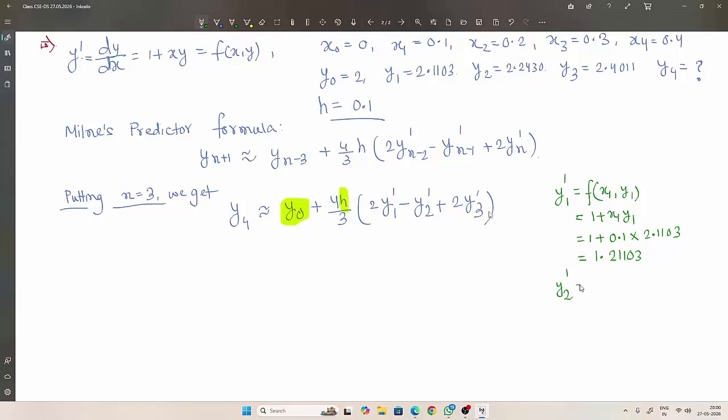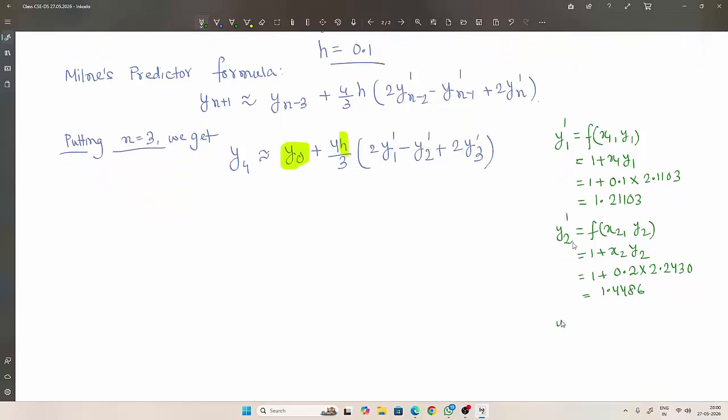Similarly, calculate y2'. y2' is f of x2, y2, which is similarly 1 plus x2 y2. That means 1 plus x2 value is 0.2 into y2 value is 2.2430. If you multiply it, you get 1.4486. This is the value of y2'. Similarly, calculate y3'. y3' is f of x3, y3, which is 1 plus x3 y3.